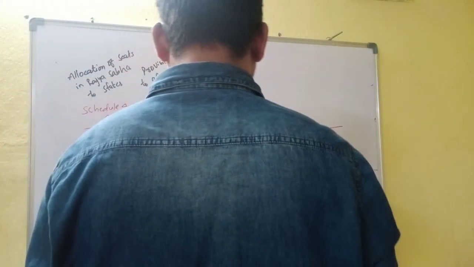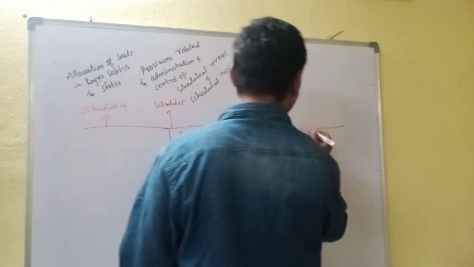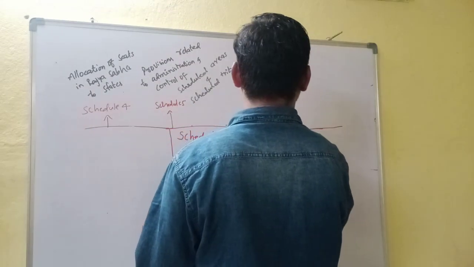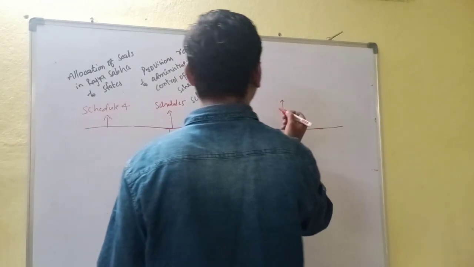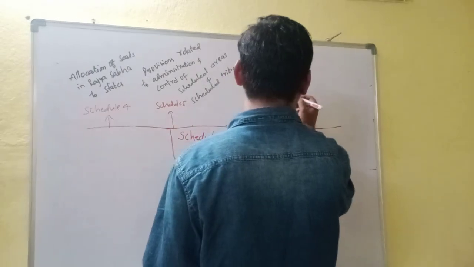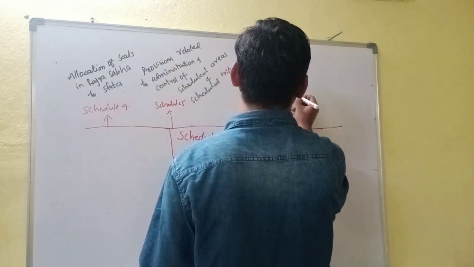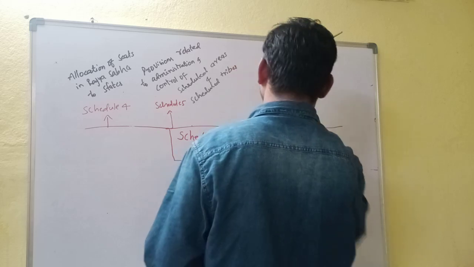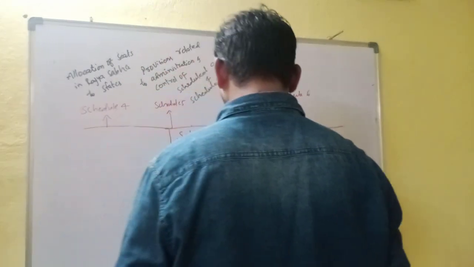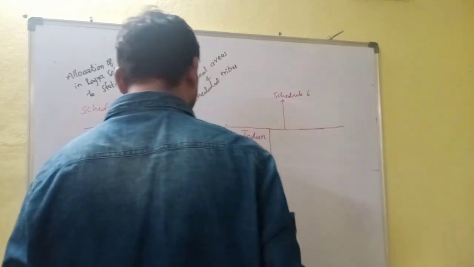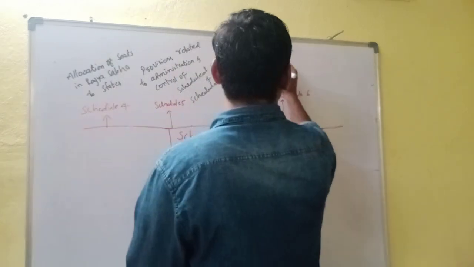Now the sixth schedule. Sixth schedule is administration of areas in the northeastern states, 4 northeastern states. Schedule 6: administration of tribal areas in the states of Assam, Meghalaya, Tripura and Mizoram.